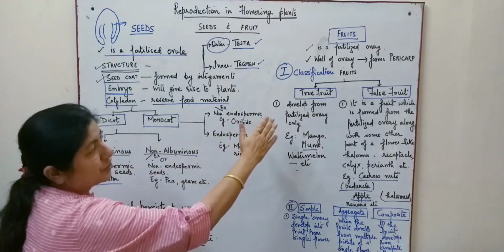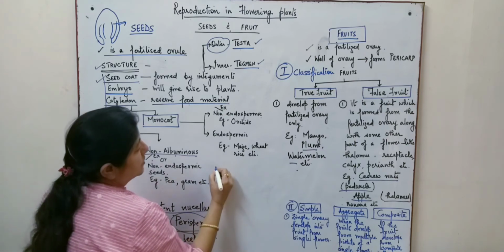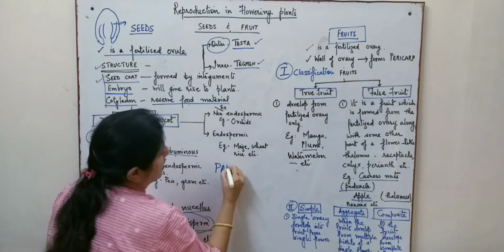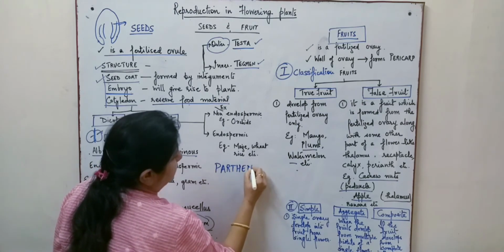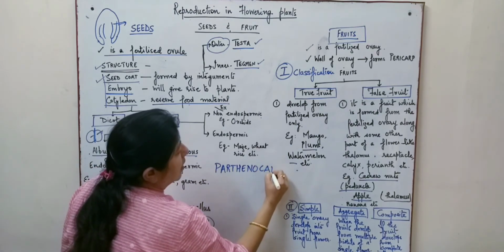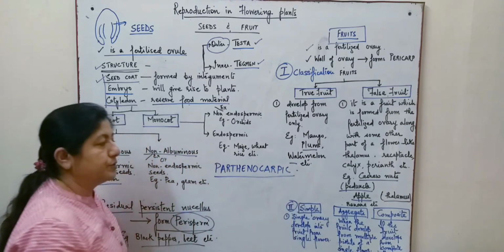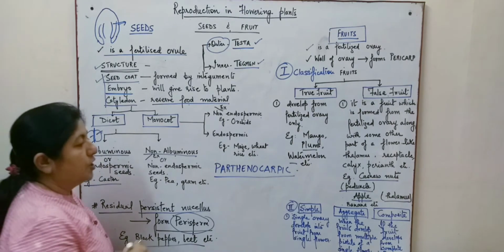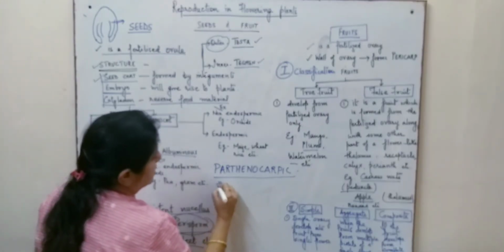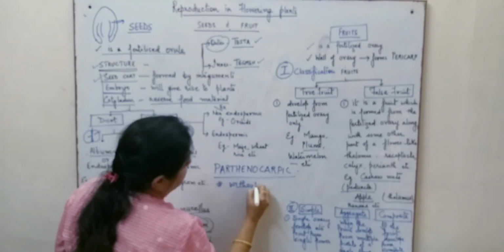Now, when we talk of fruits, there are certain fruits which are parthenocarpic. Parthenocarpic fruits are those which are formed without fertilization.